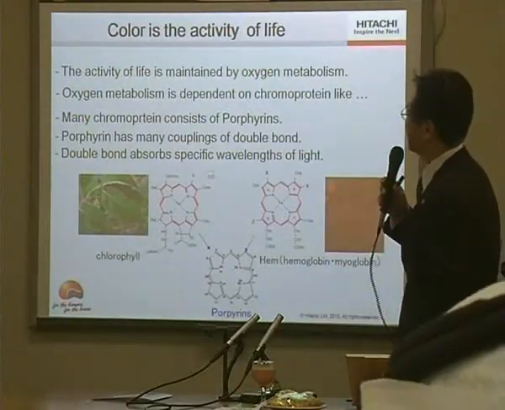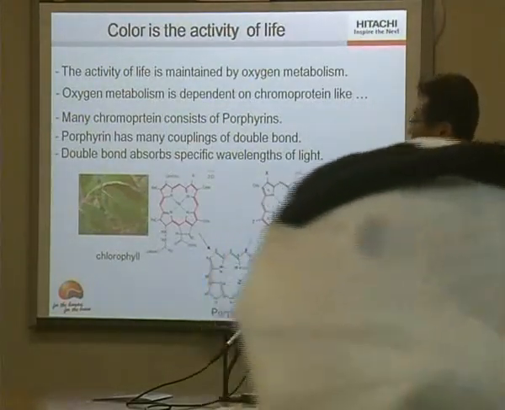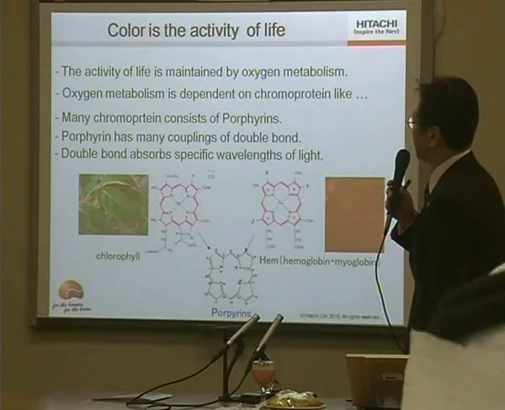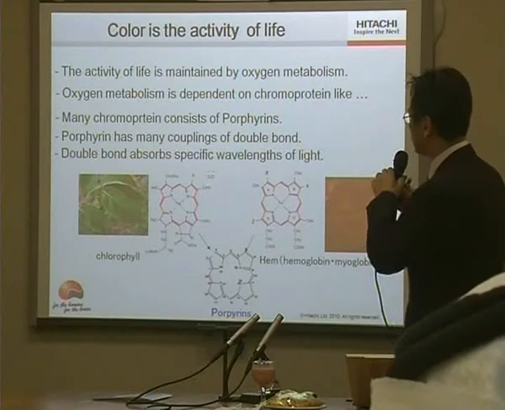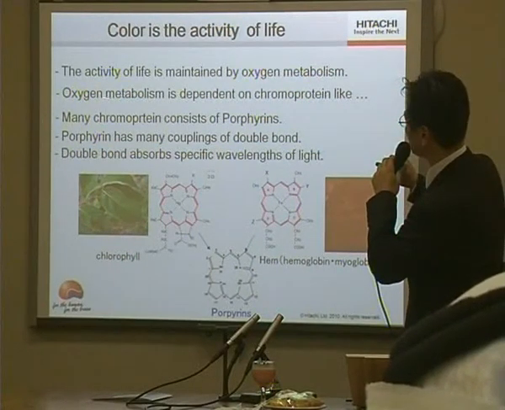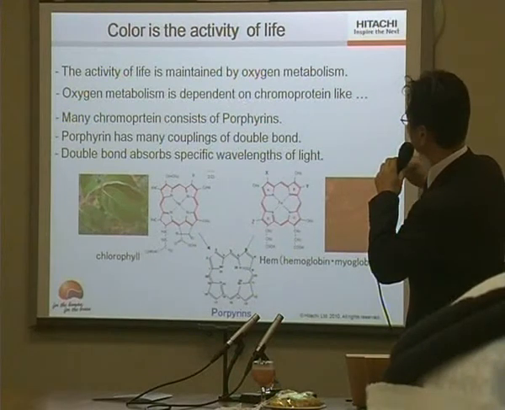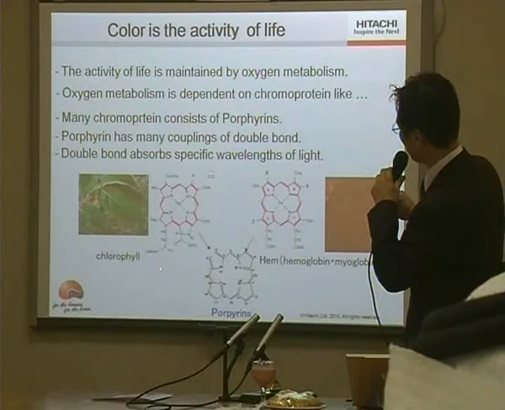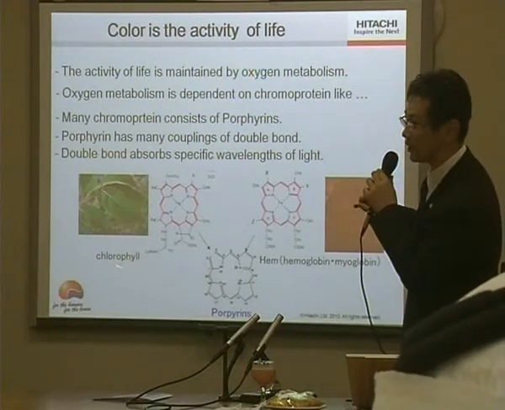And the color is really the activity. I think the color is the activity of life. For example, the activity of life is maintained by oxygen metabolism, and oxygen metabolism depends on chromoproteins like hemoglobin and also chlorophyll in this leaf.